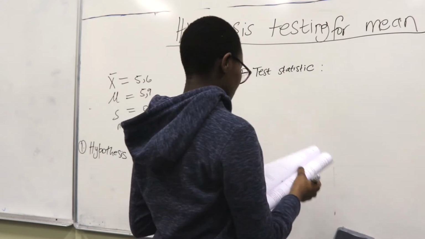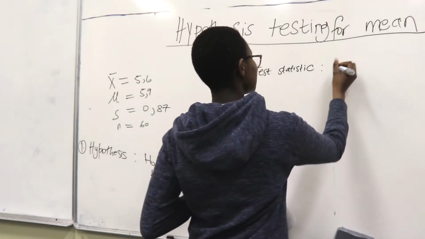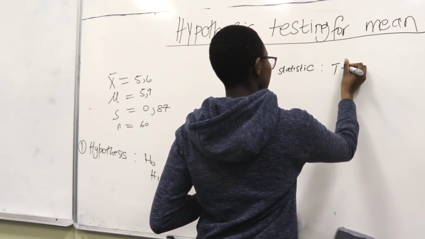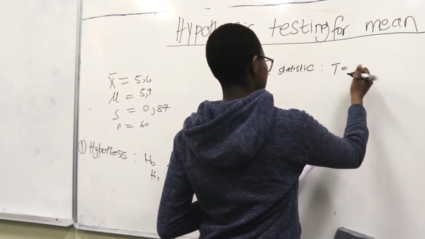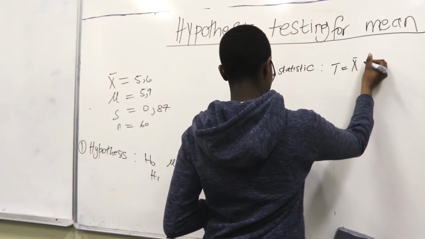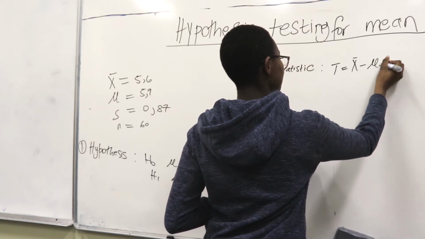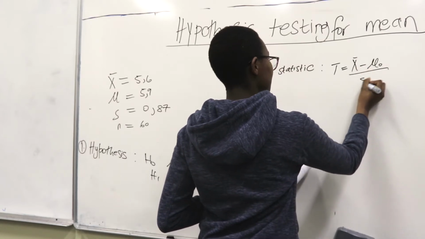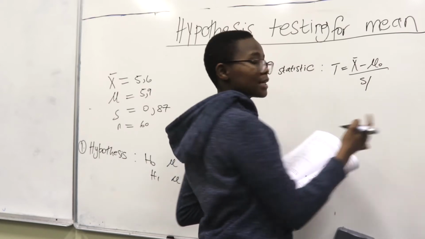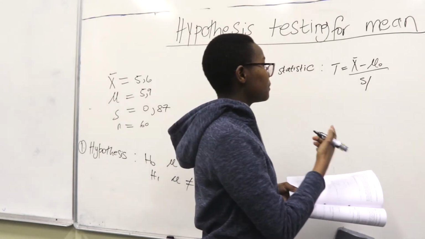The formula that we'll use here is the T distribution. It's a T, because we'll be using a standard deviation from the sample.